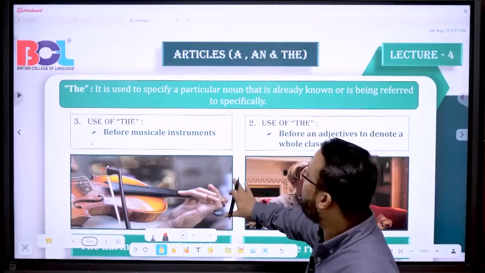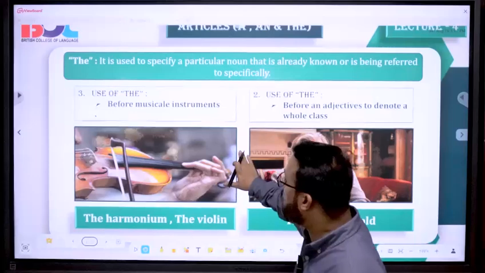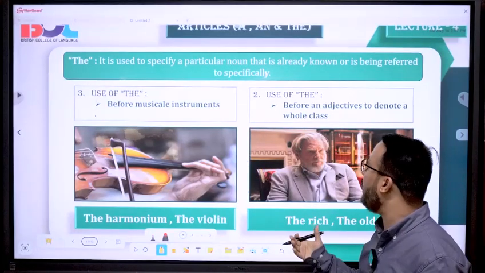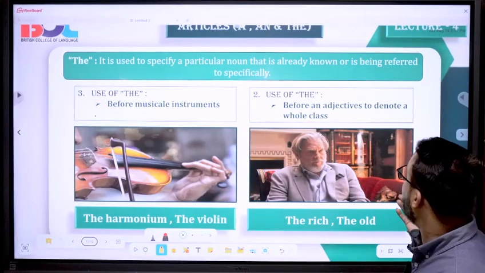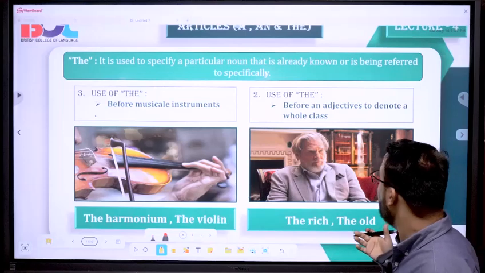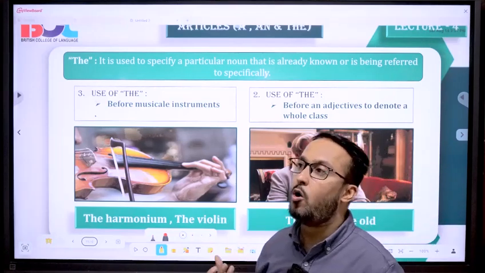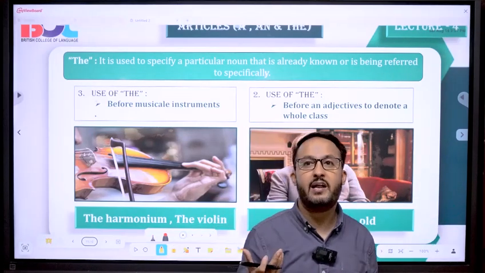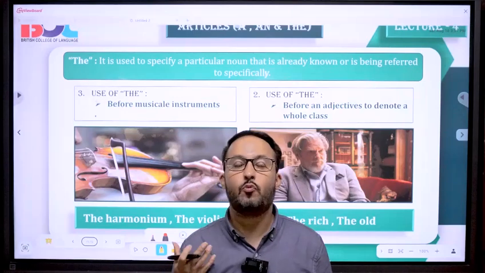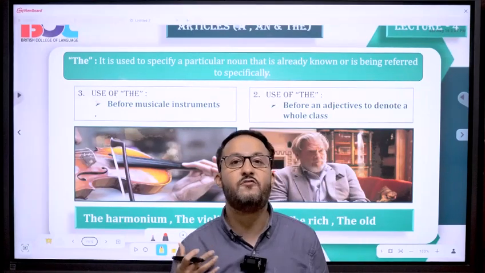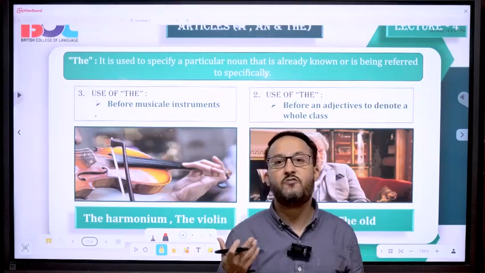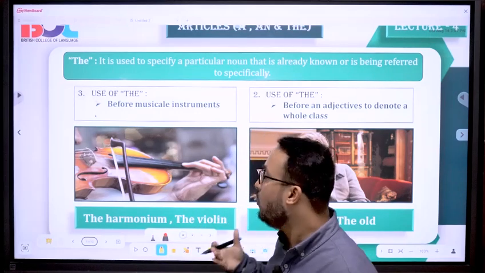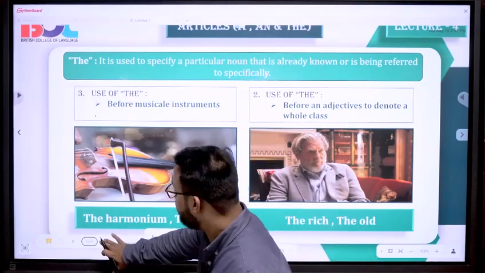Again, before musical instruments, we also use "the": the harmonium, the violin. Before adjectives to denote a whole class, okay, we use "the" also to specify things, right? If a person is rich, we can say "the rich", to specify the whole class or to specify a particular thing or a person. For that also we use "the".